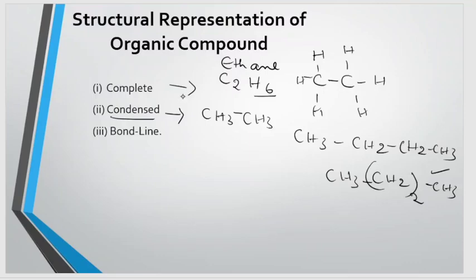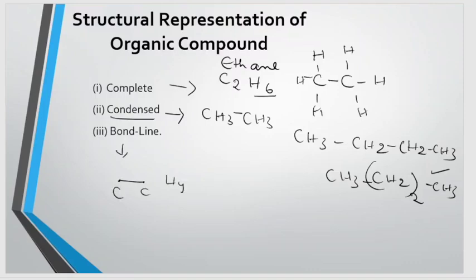Okay, and let us see what this bond line structural representation is. We are going to represent the bond as a line. So whenever a line is there, according to organic chemistry, it is a bond, and whatever the edges or the corners are for that particular line, they are nothing but the carbons.